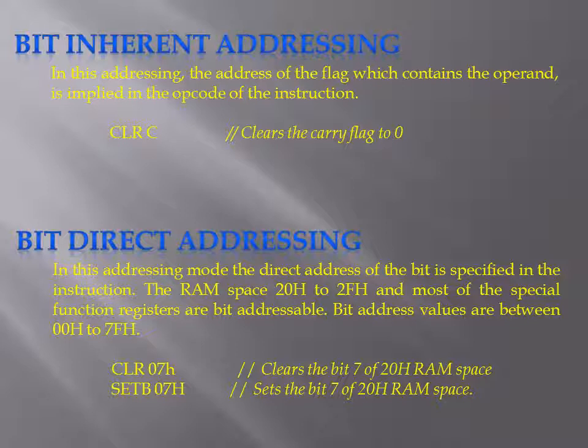In the same way, SETB 07H means it will set bit 7 of the 20H memory, which is kept for bit addressing. It means the 32 locations select bits one by one.